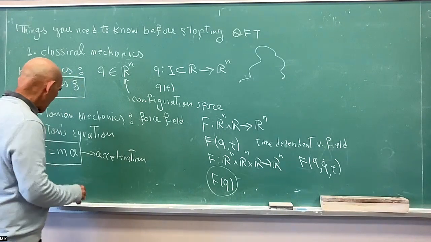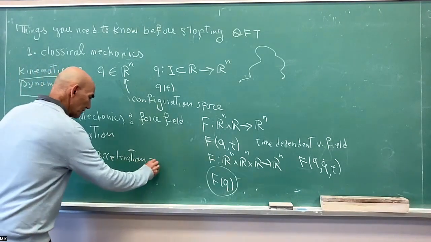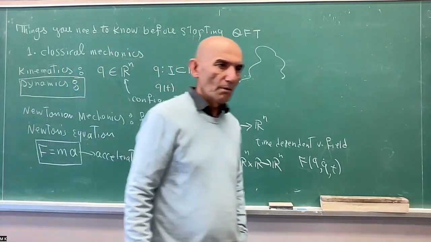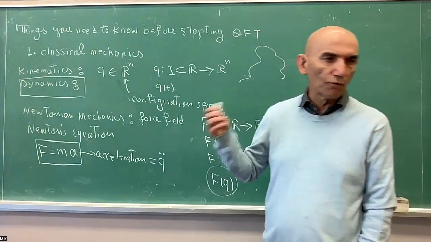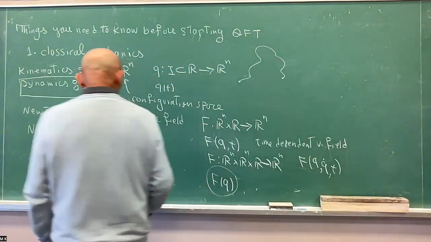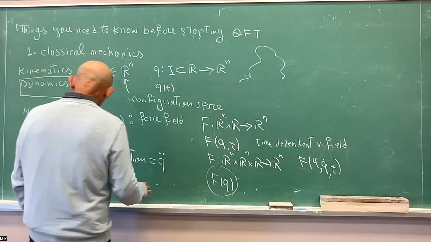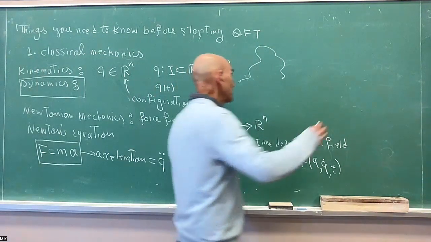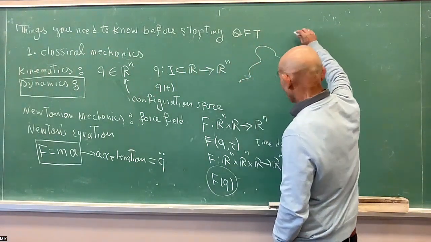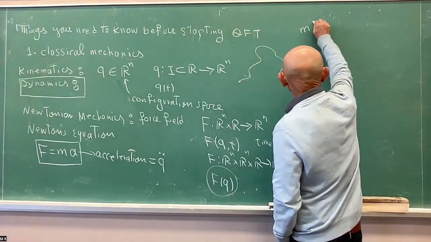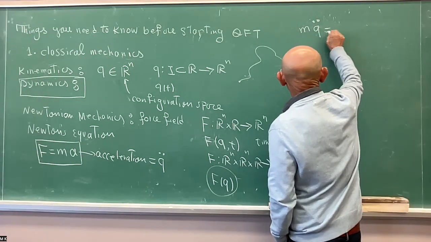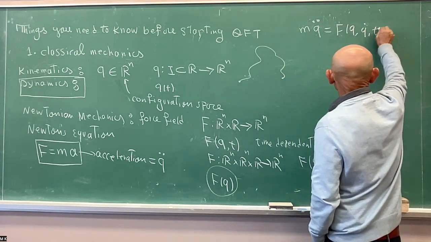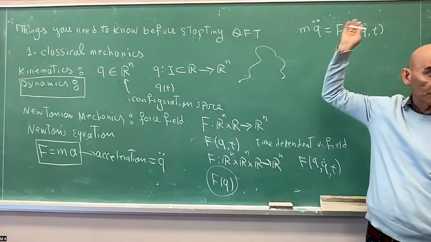By definition, acceleration is the second derivative of the position of this particle that's moving in space. So this Newton's equation we can mathematically write as m q double dot equal to f of q, q dot, and t. This is the most general case.